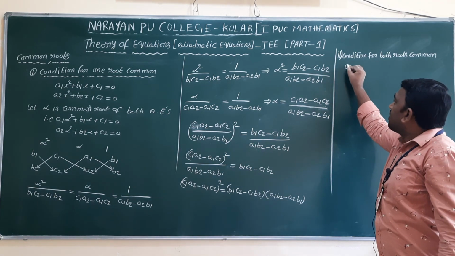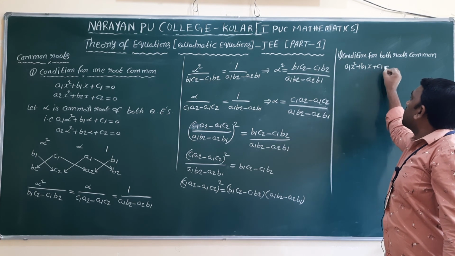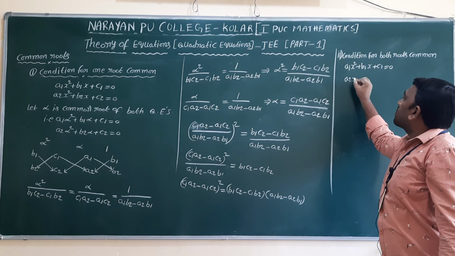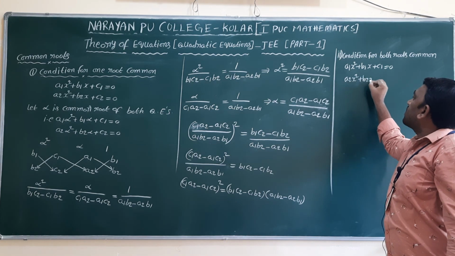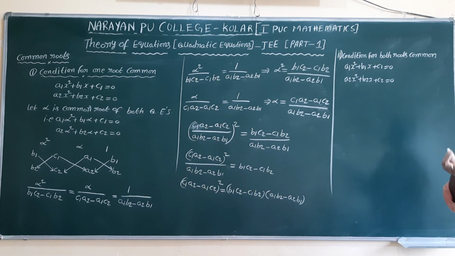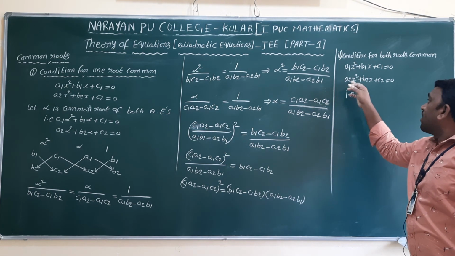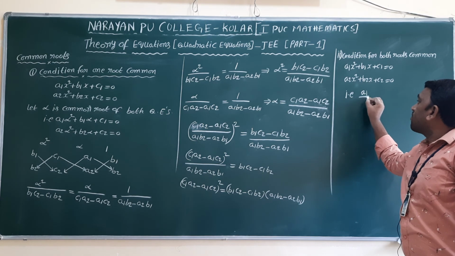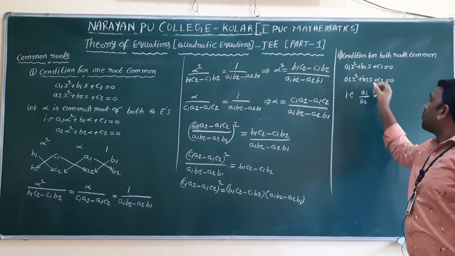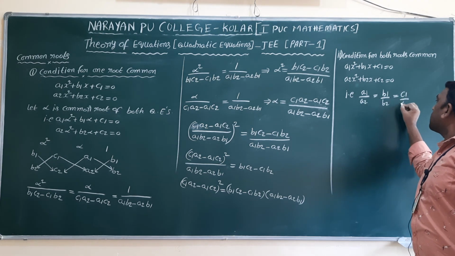Here also you can take the same a1x square plus b1x plus c1 equal to 0, a2x square plus b2x plus c2 equal to 0. These two quadratic equations will have the same roots, alpha and beta. Both roots are common, then the condition is simple: the coefficient ratio a1 by a2 equal to b1 by b2 equal to c1 by c2.